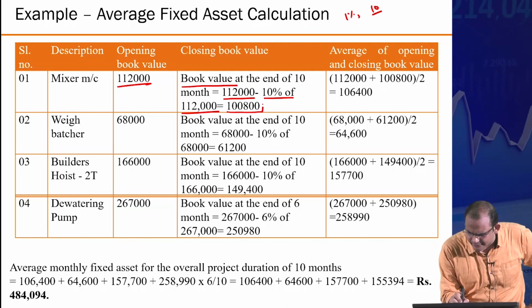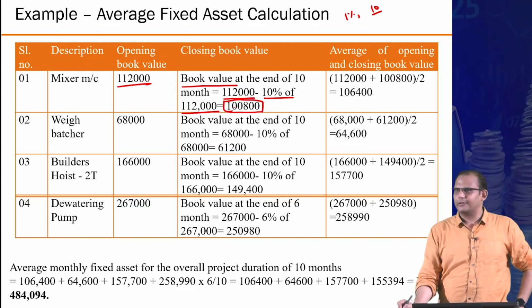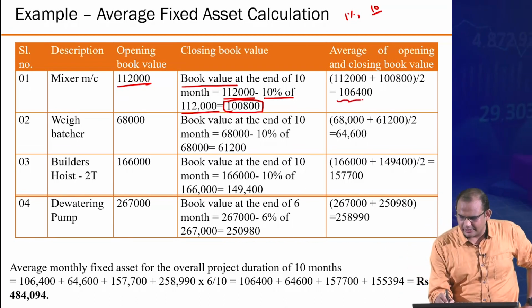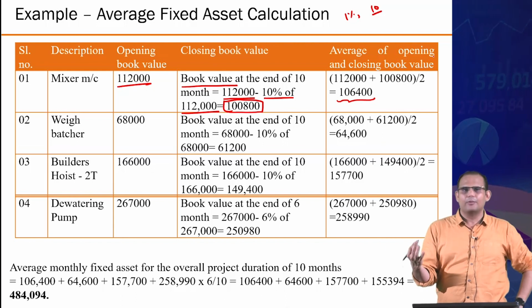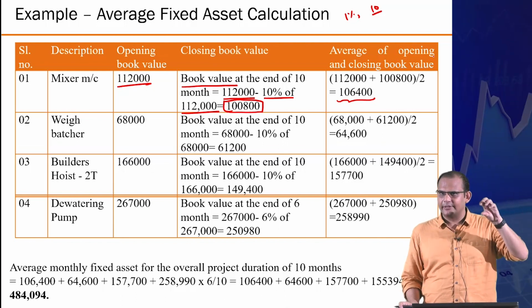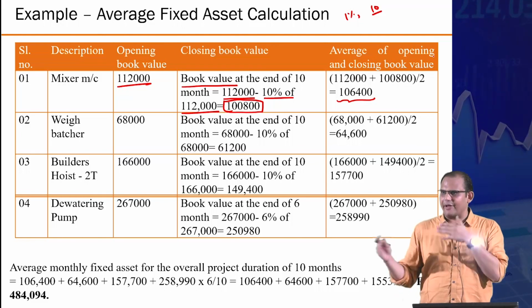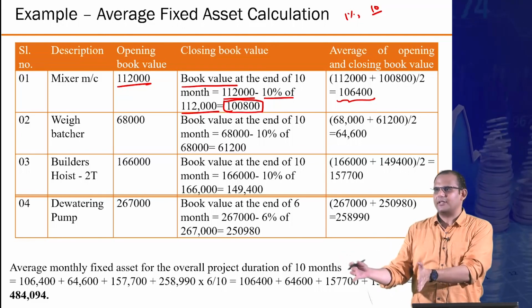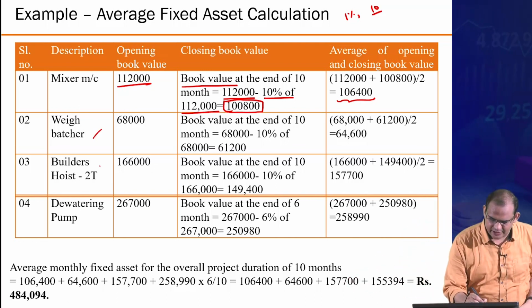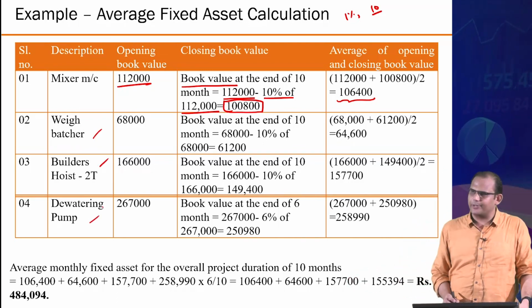So this book value is this much. The average for 10 months is essentially the average of the opening and closing book value. So the average value of this asset was allocated to this project for 10 months. That's the concept, right? Similarly, for the weighing batcher, builder's hoist and dewatering pump, you can do the calculation.